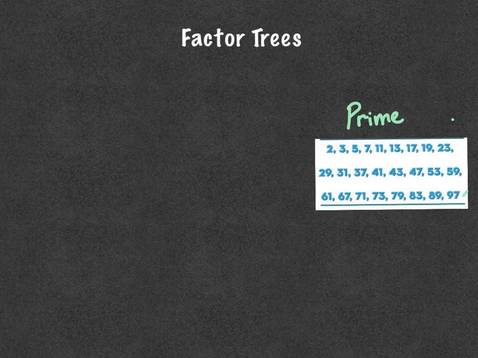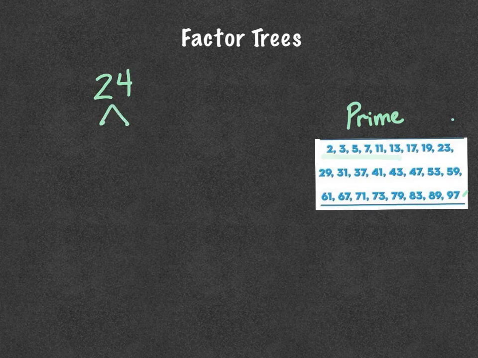For the most part, the primes that we are probably going to see the most are these first couple, probably up to 13. Sometimes you'll get some that are 17, 19, those kinds of things. But for the most part, the numbers we're going to be breaking down are going to get you much smaller prime numbers.